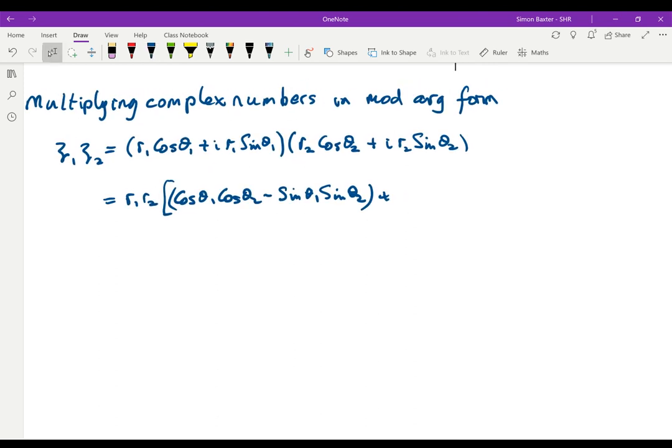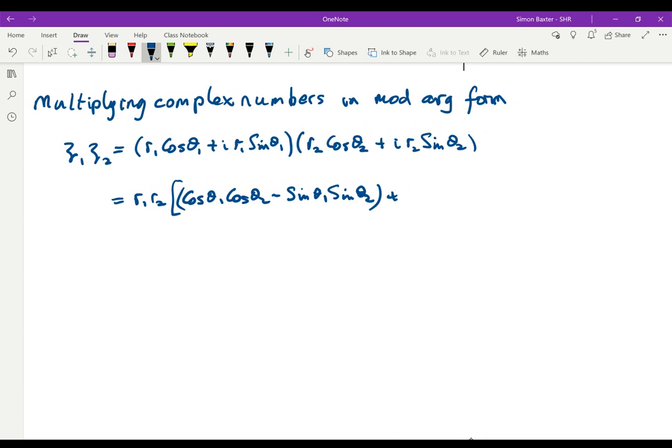Plus, well, the next two have both got an i in, so let's leave that out. We've taken the r1 and the r2 out. We get sine theta 1 times i times cos theta 2, so that's i times sine theta 1 cos theta 2. Plus, looking at the last pair here, we've got the outside pair, cos theta 1 times i sine theta 2. We've taken the i out, so that's cos theta 1 sine theta 2.